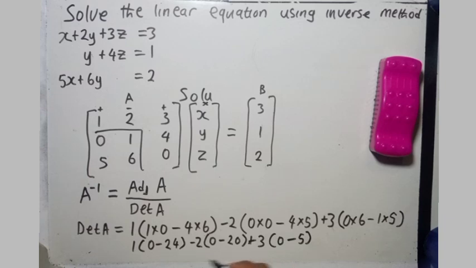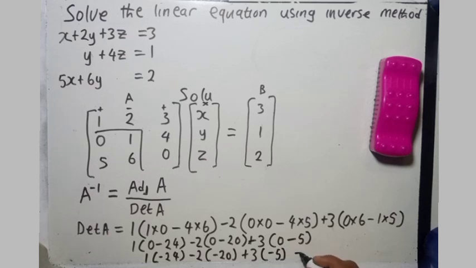So this is 1 times 0 minus 24. We are having minus 24, minus 2. 0 minus 20. We are having minus 20, plus 3. 0 minus 5. We are having minus 5.